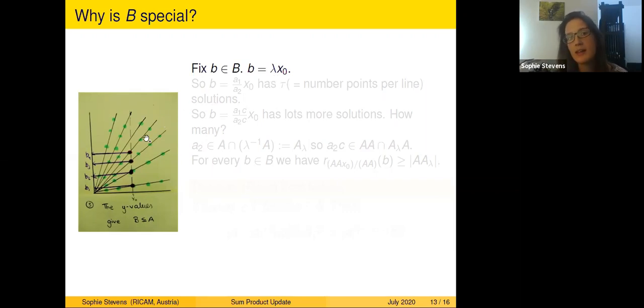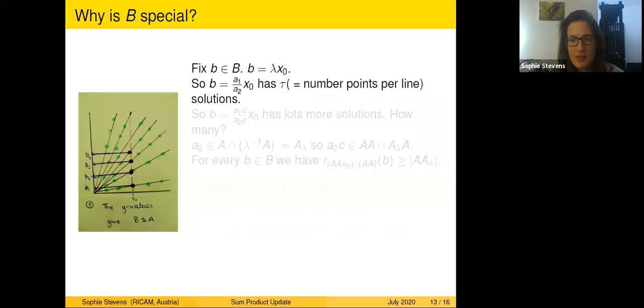So what that is saying is that I could write lambda as a1 over a2 tau times, which means that, if I fix b, x0 is automatically fixed from my definition of b. There are tau solutions to this equation. So tau solutions, there's already quite a lot of solutions.